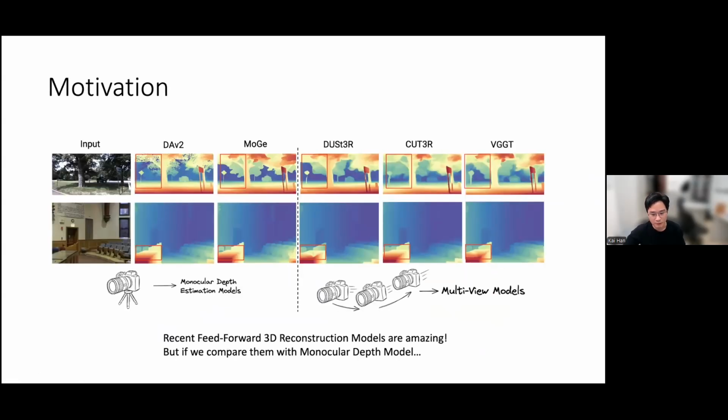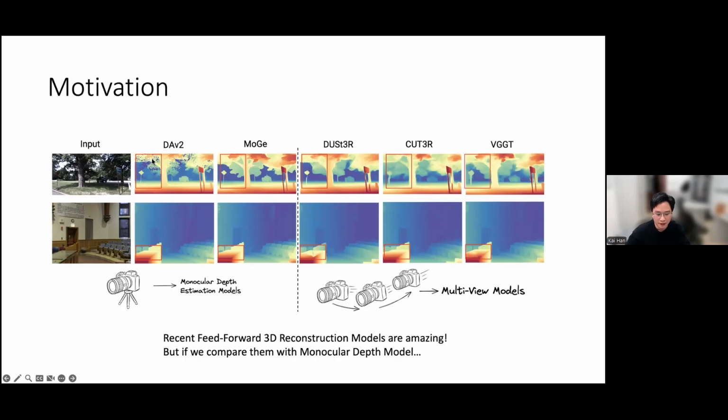But we have a couple of observations. When we look at the geometry, the thing they use here is a depth map, for example in DUSt3R, CUT3R, and VGGT. If we look at the details and compare with some monocular depth estimators, for example Depth Anything V2 and MoGe, we found that the details of these feed-forward 3D models are not as good as those monocular depth estimators.